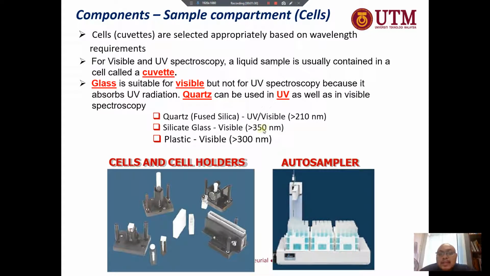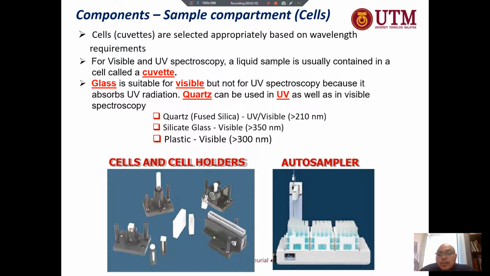So let's say the question asks: you have a certain compound, the wavelength is 235. Please advise the sample compartment that is suitable for the analysis and discuss why. You need to be able to understand the concept and describe it. For example, you say the best sample compartment is quartz because it can allow analysis from 220 nanometer wavelength.